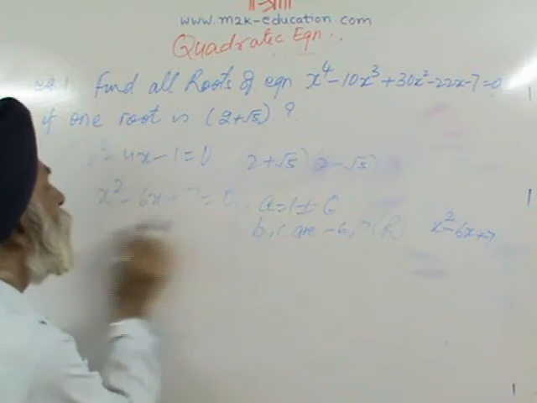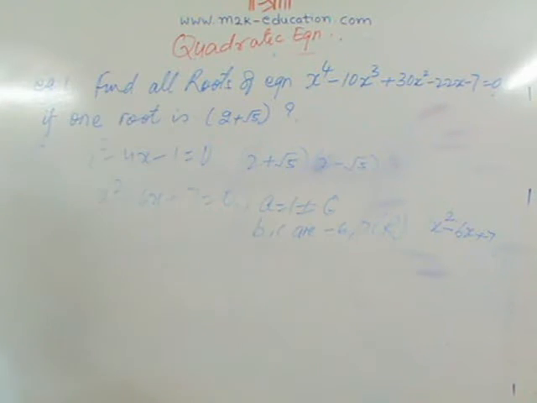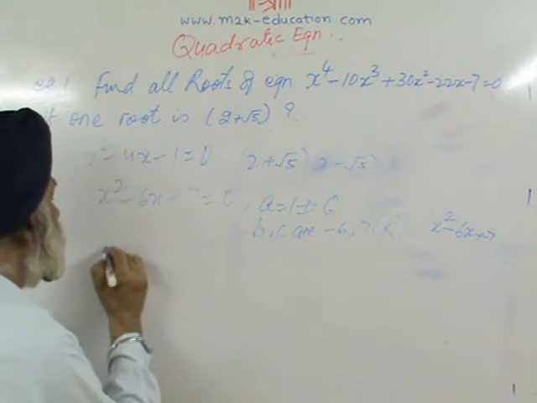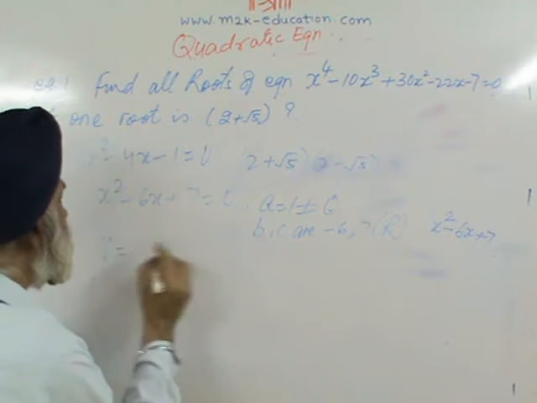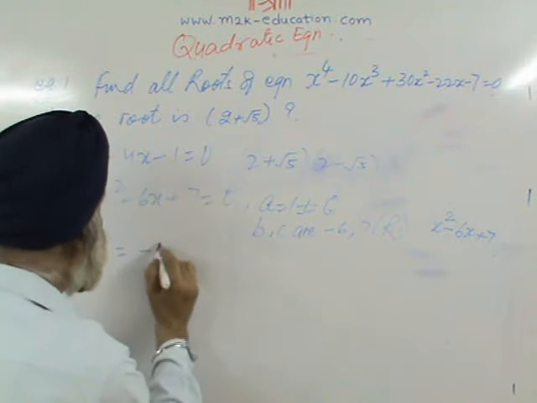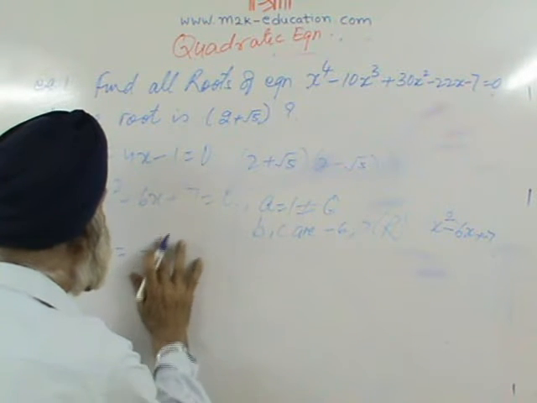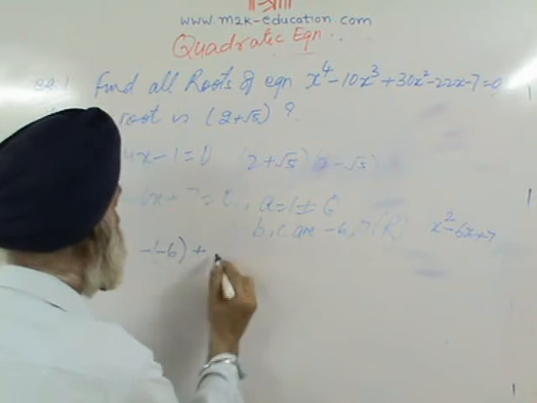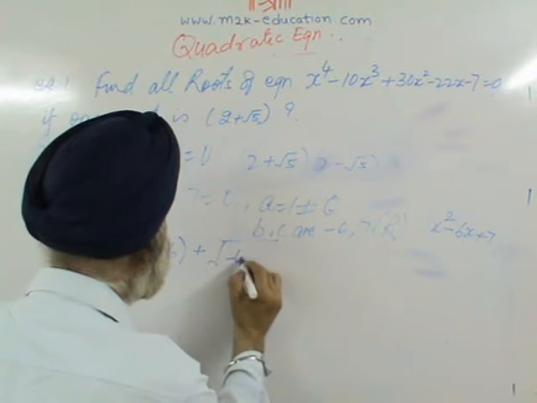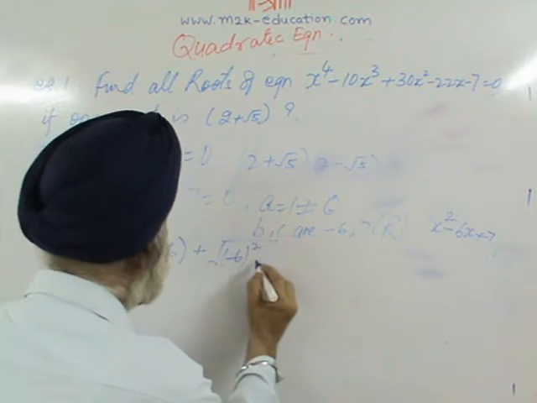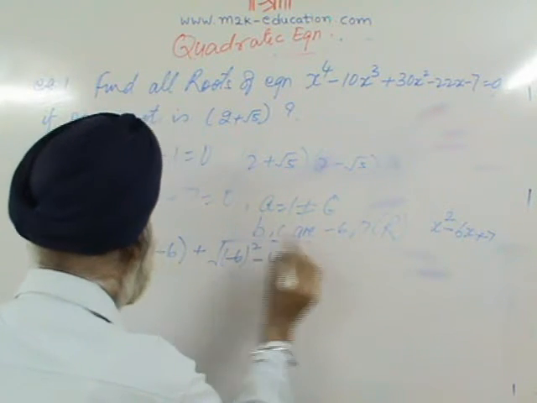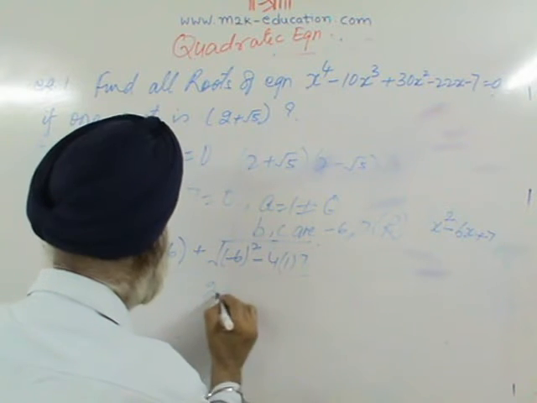That's why we have to try the other way, that is writing the roots the same way, that x is equal to minus b, that is minus 6, plus root of minus 6 whole square minus 4 times 1 into 7, upon 2 into 1.